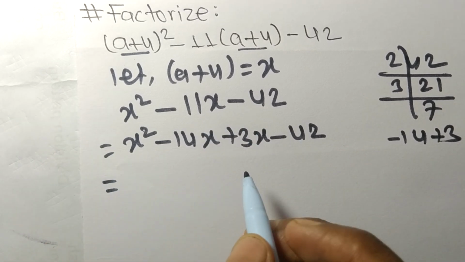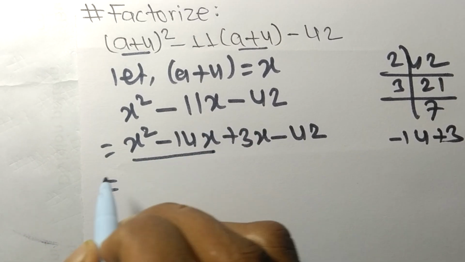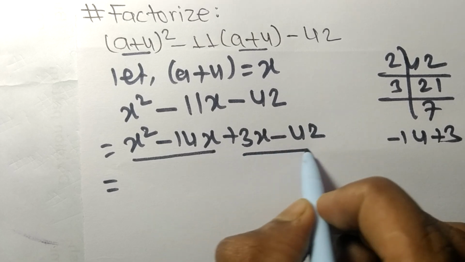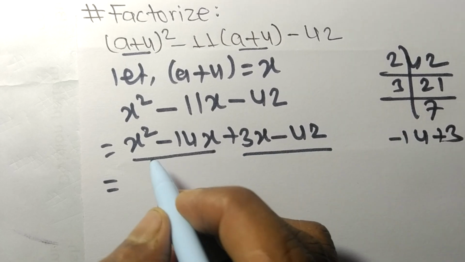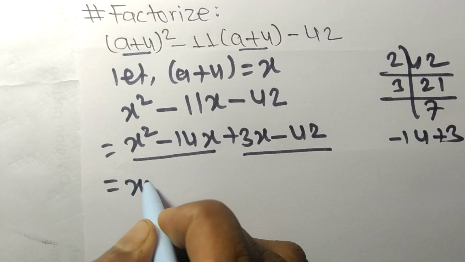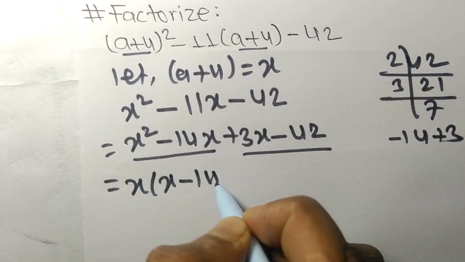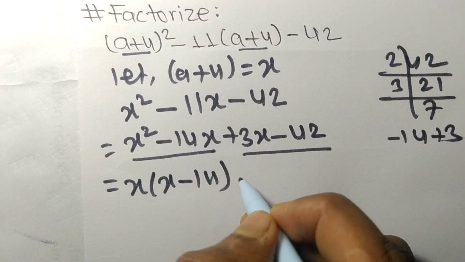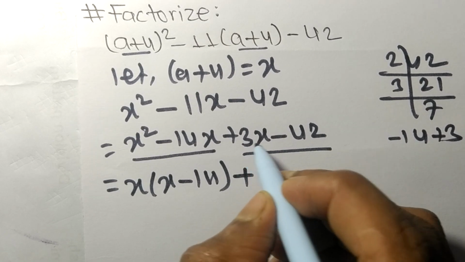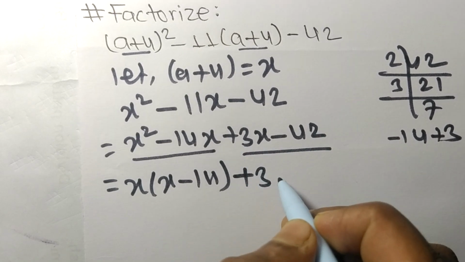So now we find the common factor in the first two terms and in the last two terms. So common here is x. Remaining in the first is x − 14, and common in the last two is 3.